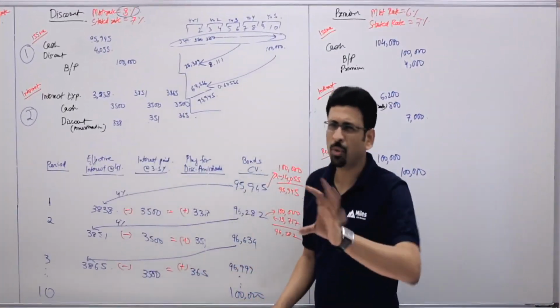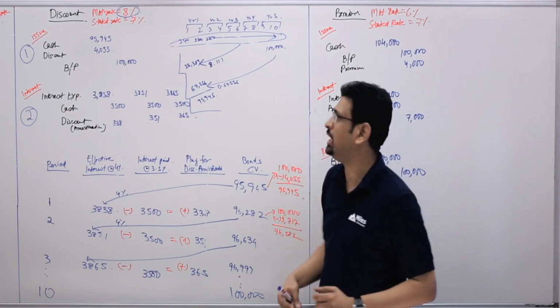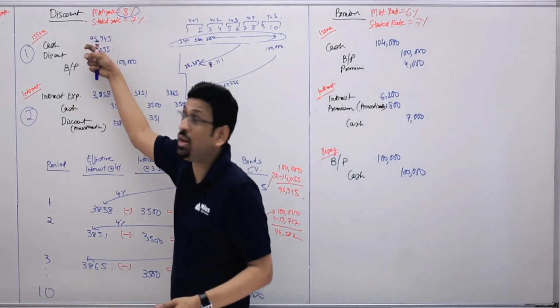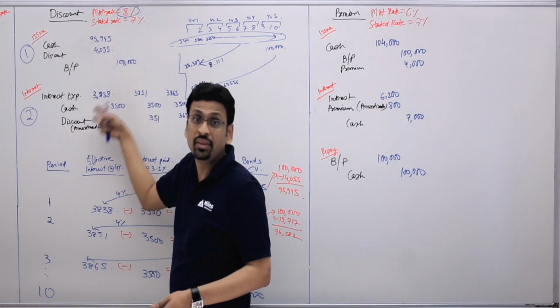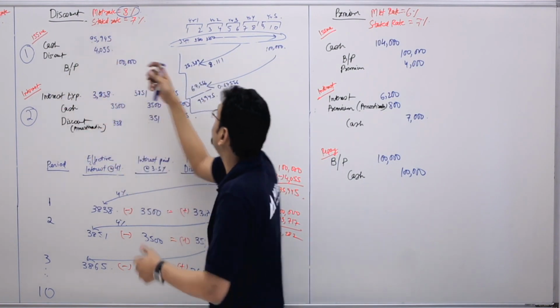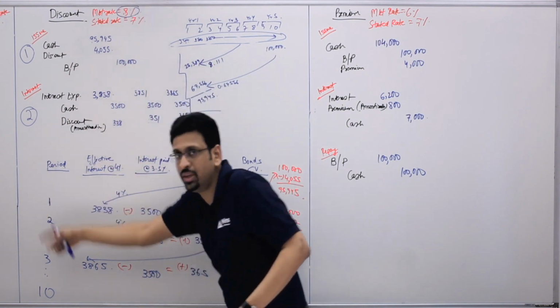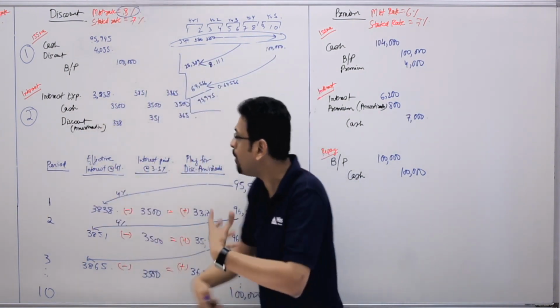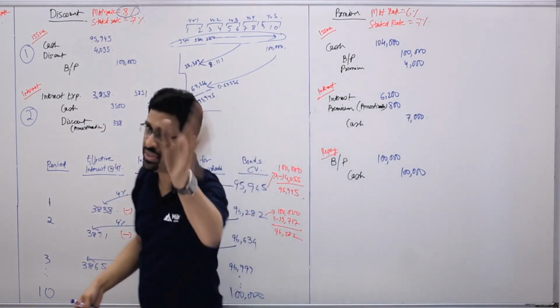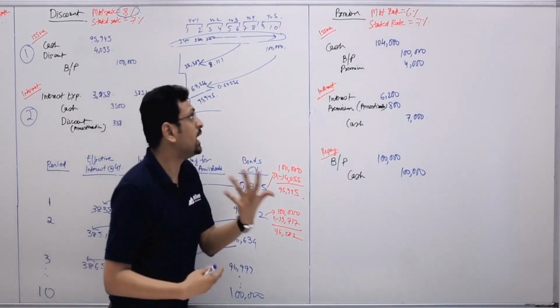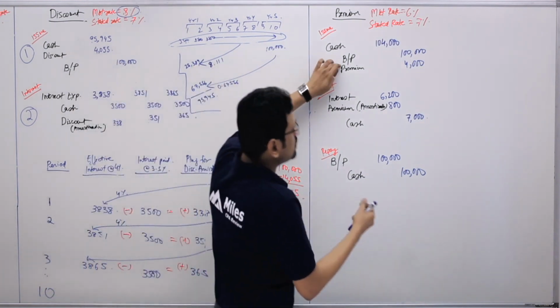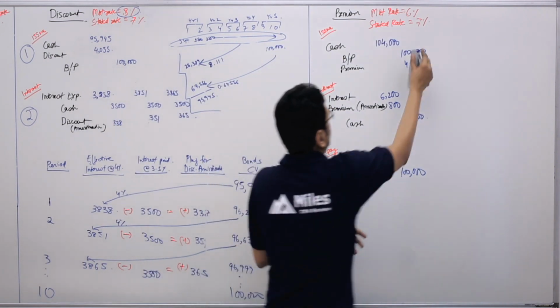So guys, I'm sure by now you remember my two-step technique to calculate the discount amount and amortize the discount. First step was present value using market rate, and then build up this amortization schedule, amortize the discount. Same steps when it's a premium. So again, when you're calculating this premium amount, I've given you approximate numbers.